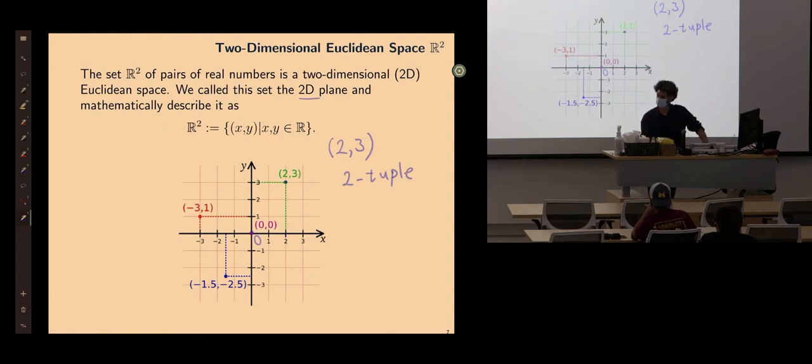When you say 2 tuple, it means it has 2 elements. Now, ordered, that means that this is not the same as 3 and 2, right? These are not equal. But we are working with tuples that contain numbers, which we gave them in the beginning another name.